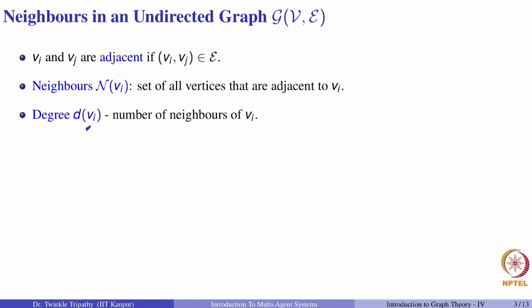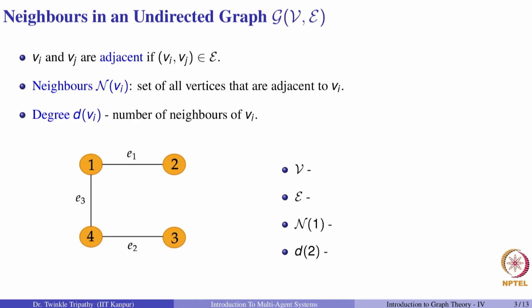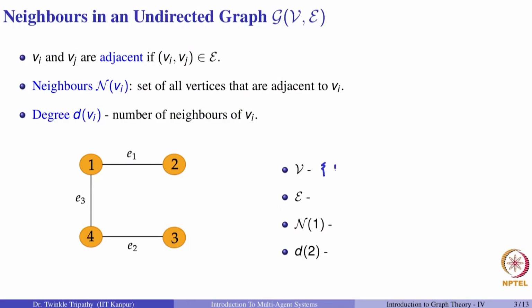So, let us quickly see an example. For the graph given here, let us try to fill in the blanks. As we already know, this is the set of vertices and we have three edges here given as this. Now, let us look at agent 1.